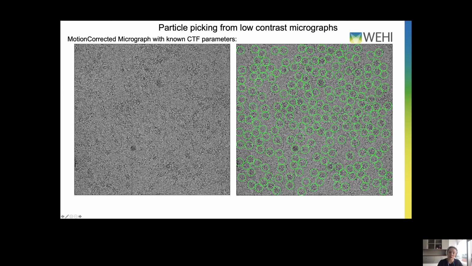It is also very common to use template-based picking. For template-based picking, you provide either a 3D volume or 2D projections and ask the program to find those features in these micrographs. These can be very powerful. However, it also has its own potential drawbacks and limitations.